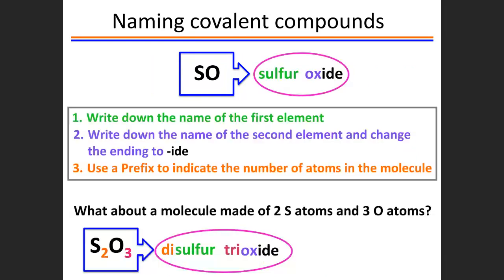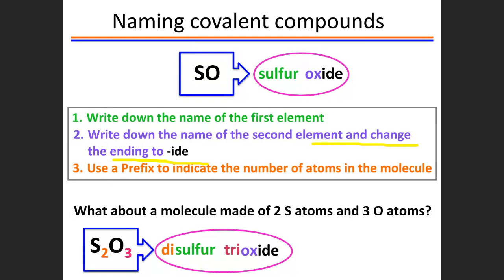So how do we name it? First, write down the name of the first element, sulfur. Then write down the name of the second element and change the ending, so we end with -ide.